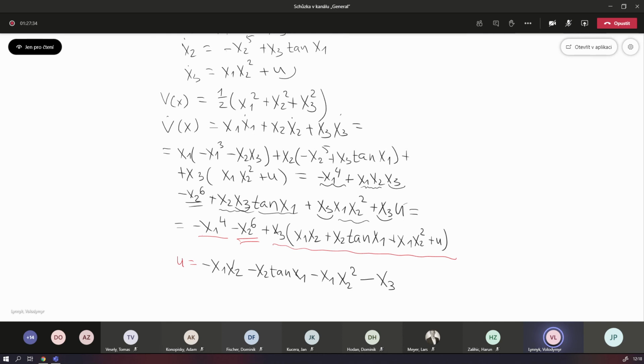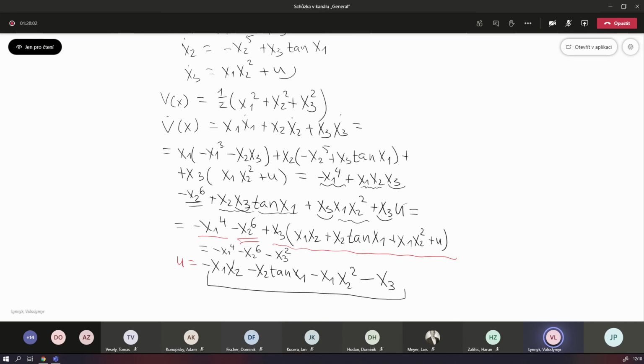Okay, and when we put this u here, then V dot is equal to minus x1 to the fourth degree, minus x2 to the sixth degree, and minus x3 squared.